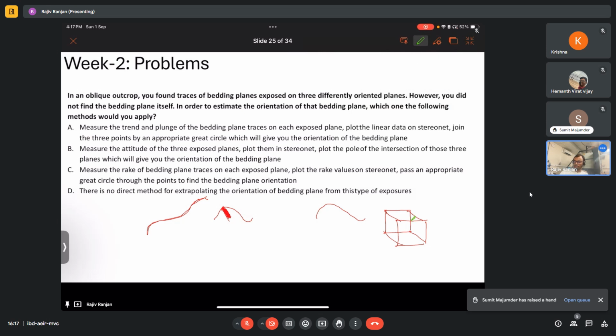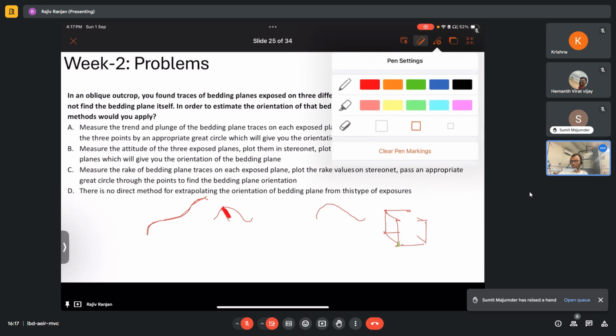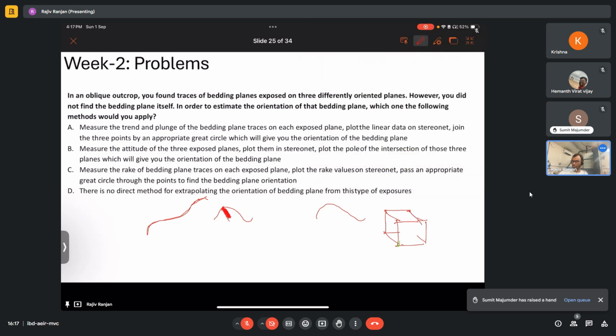So you have a bed, right? You have a bed like this, or something like this.